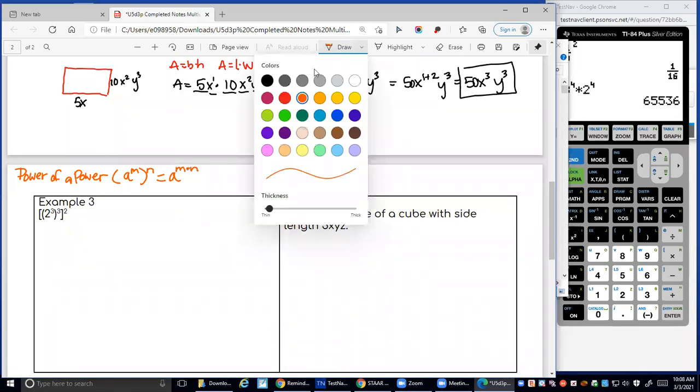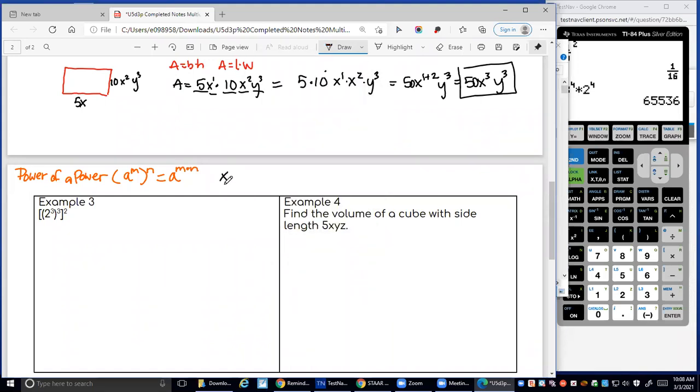You take a really easy example, like x to the third, and then we're going to take it and put it to the power of 2, right? So what this means, and I'm going to be focused on that 2 right there, is that I just take whatever's inside and I write it 2 times.